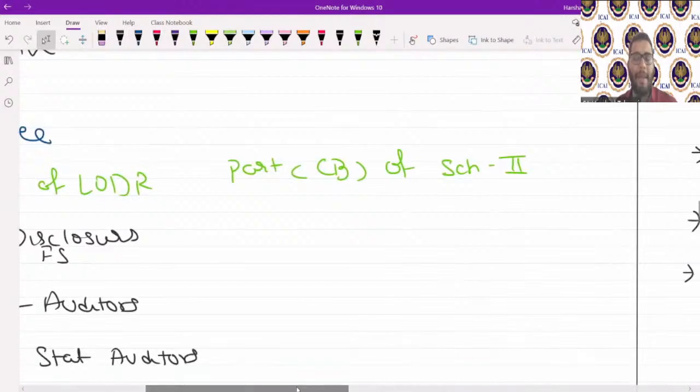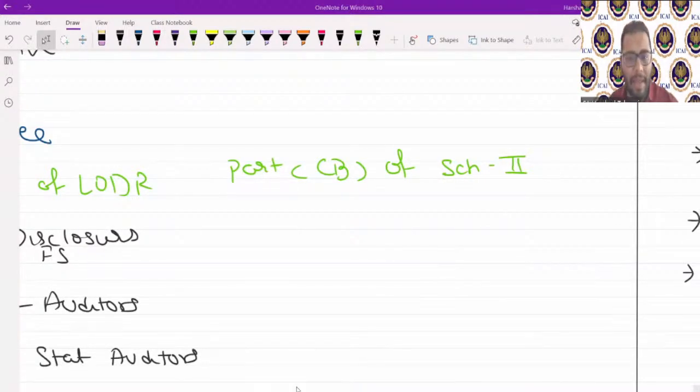So now Part C-B of LODR, Schedule 2 of LODR, specifies certain things which are required to be reviewed by the audit committee. This is a mandatory part that is required to be reviewed by the audit committee. If you read Part A, it says the role of the audit committee shall include.